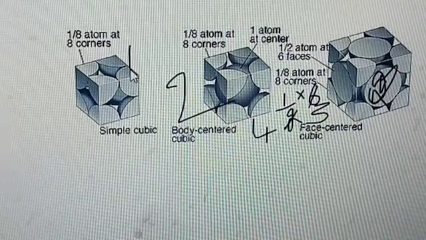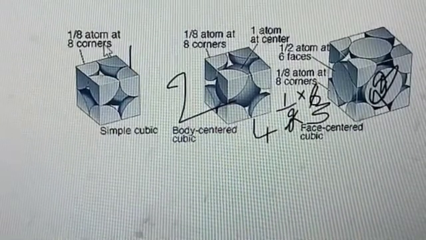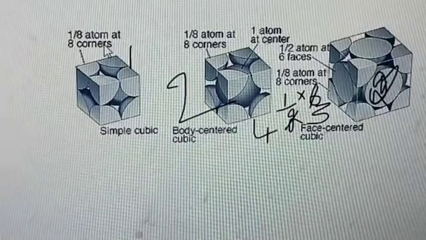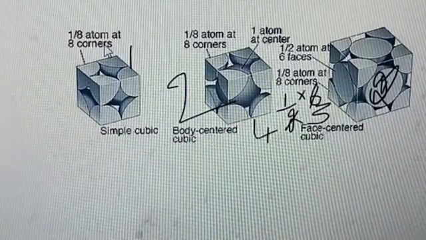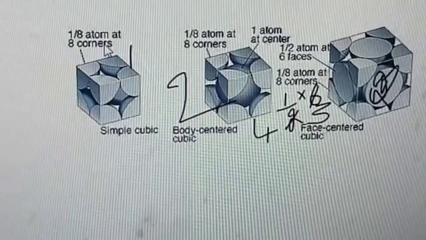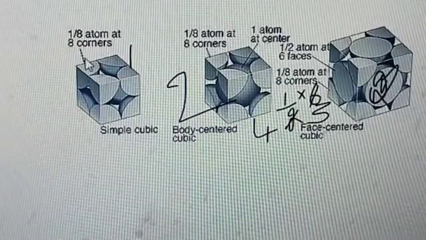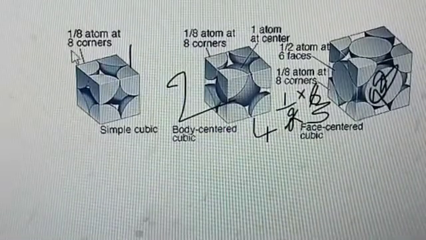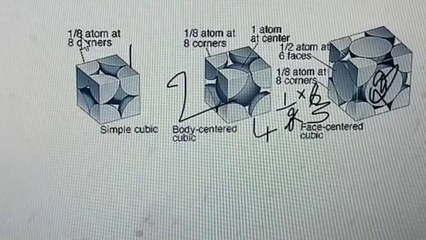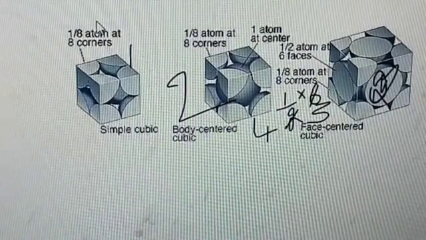Have you understood now? So in primitive cubic unit cell, the constituent particles are present only at the corners. 1 by 8th part of each constituent particle is shared by 8 adjacent unit cells. Only 1 by 8th part of the atom belongs to that particular unit cell. 8 corners are there, so 1 by 8 into 8 is equal to 1.